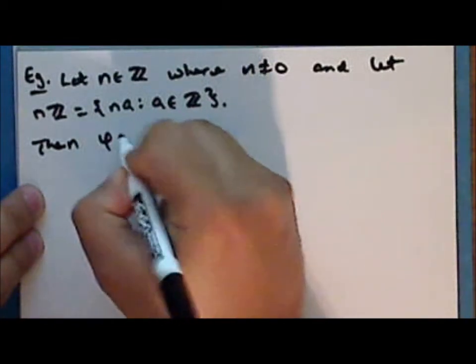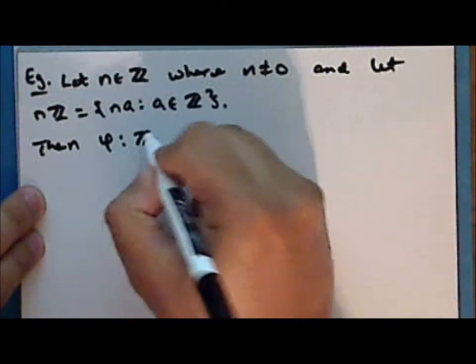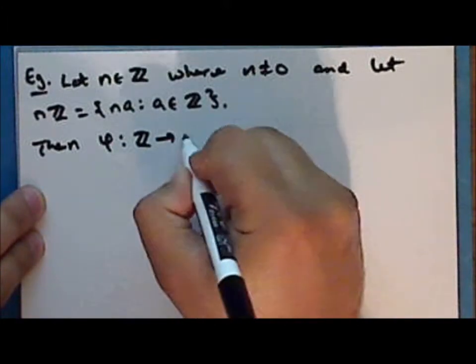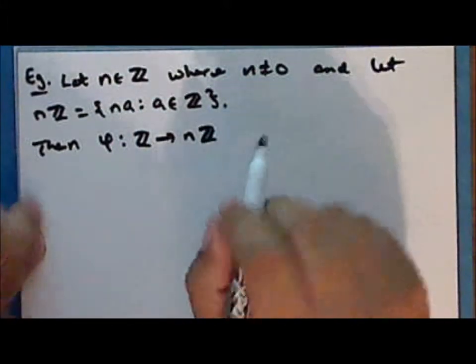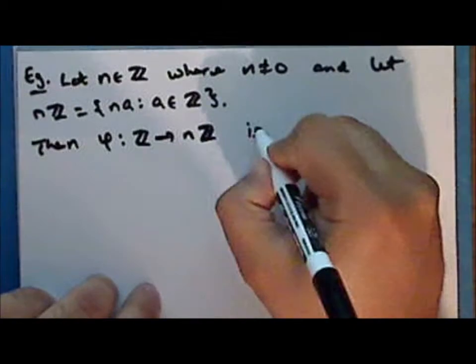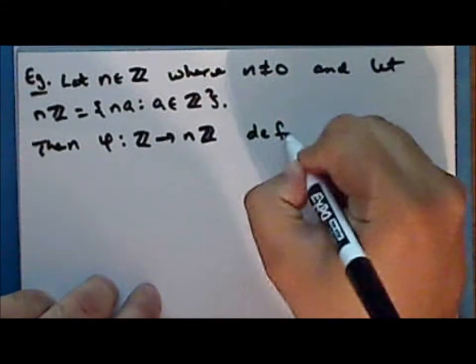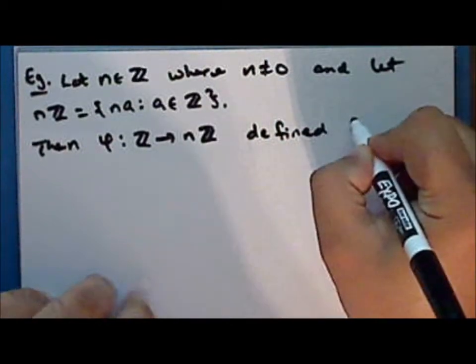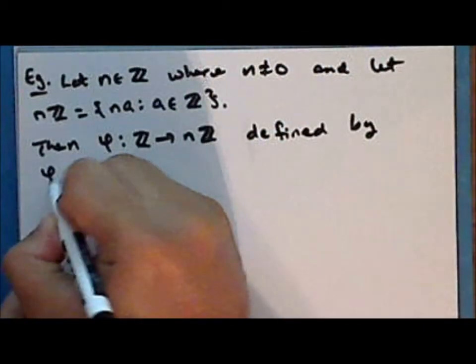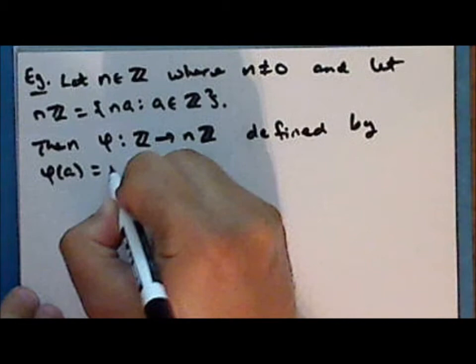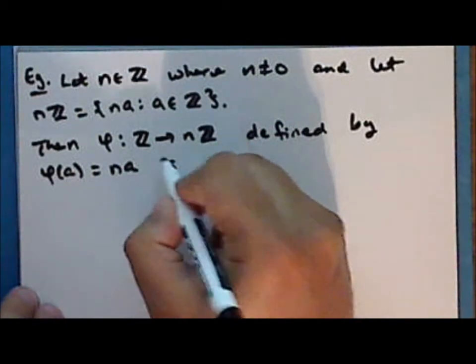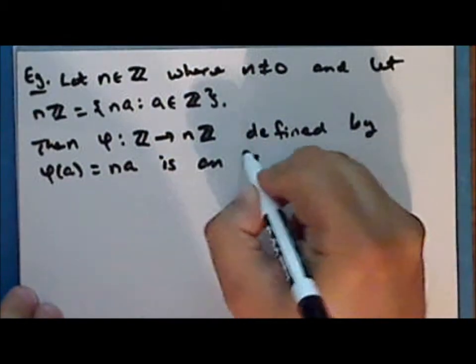Then the function phi mapping the integers into this set is defined by phi of a is equal to n times a is an isomorphism.